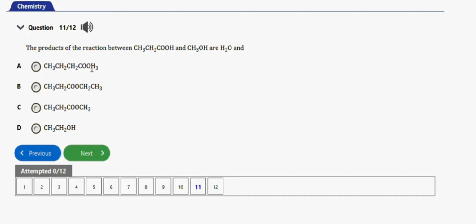So the ester we're going to have from the options we have here will be our right answer, which is option C. This option C, this is our methyl propanoate. Okay, that's it for this question.